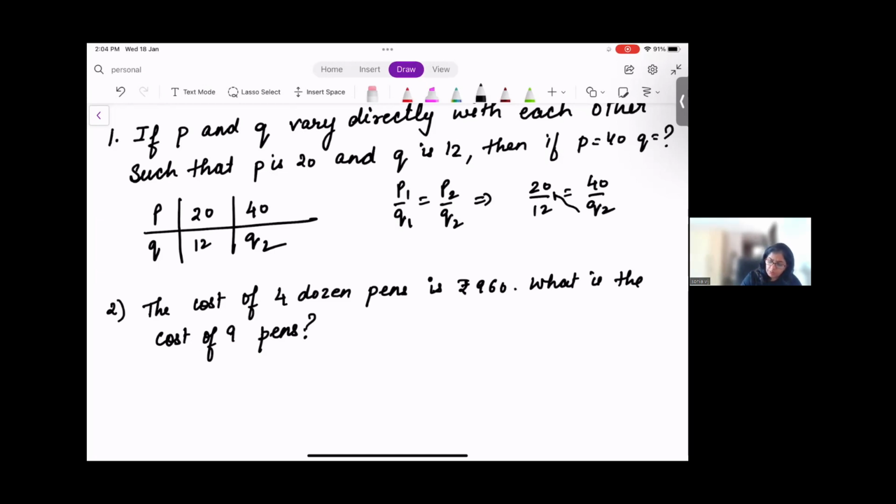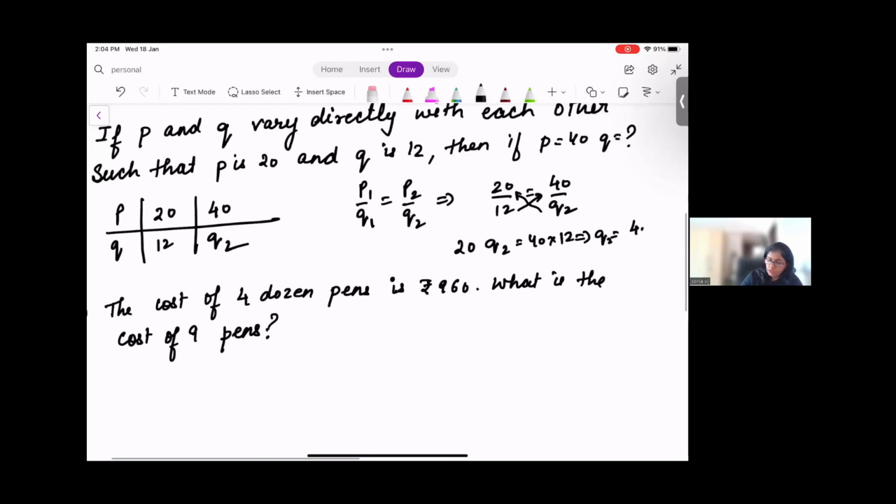We'll do cross multiplication. So 20 Q2 will be equal to 40 into 12. It implies Q2 is equal to 40 into 12 upon 20, cancelling, 24 is the value. I hope you all understand this.